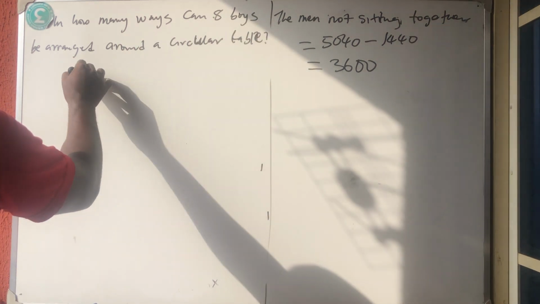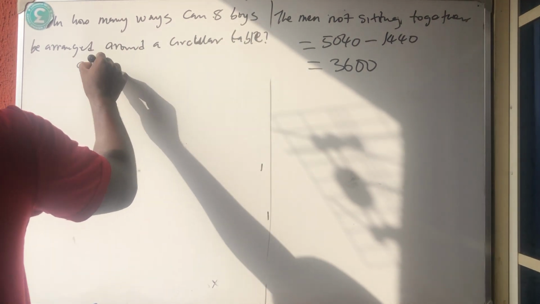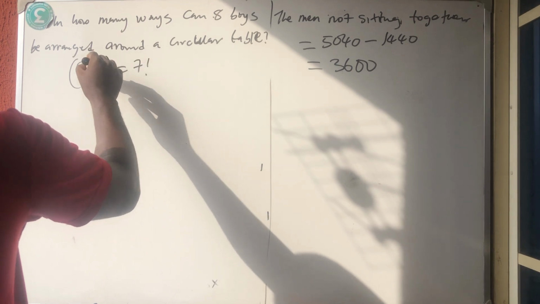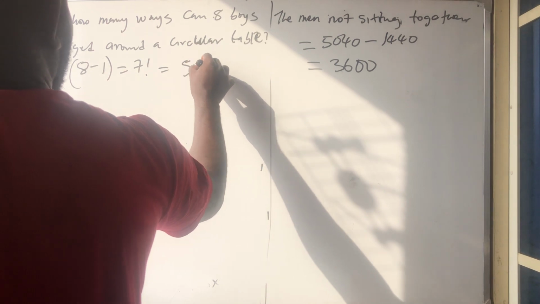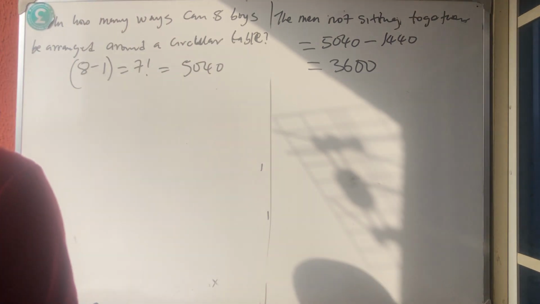It's simply 8 minus 1 factorial, which is 7 factorial. That's all, nothing again. And 7 factorial is 5040, that is 7 times 6 times 5 and so on.